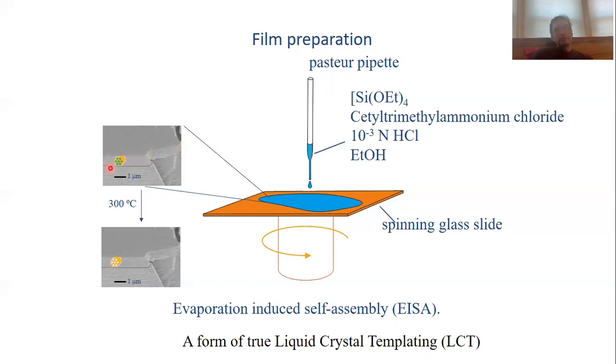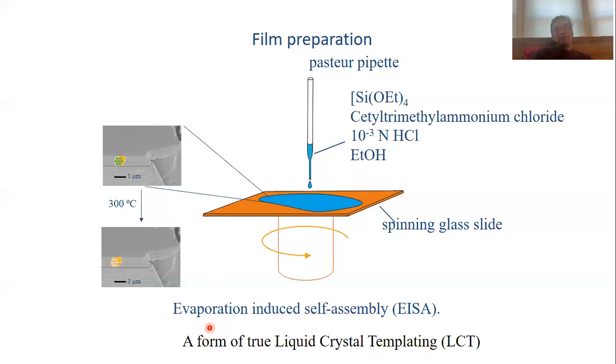And you see that this film is actually less than 1 micrometer thick. And within the film, you have periodic mesopores. And when you have hexagonal mesopores, then these mesopores typically lay actually flat on the surface. They typically do not stand perpendicular to the surface.